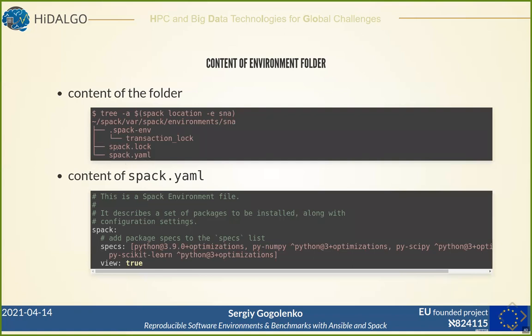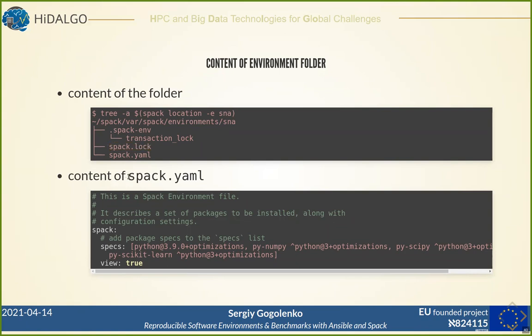But the useful part is that in the environment, we will always have two files, spack.yaml and spack.lock. The spack.yaml file defines the logical environment, and spack.lock defines the exec environment. Later on, it will be clear what this means.